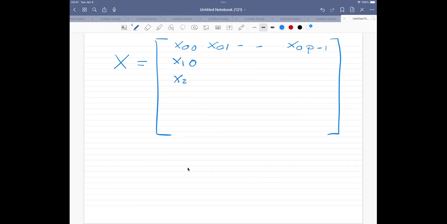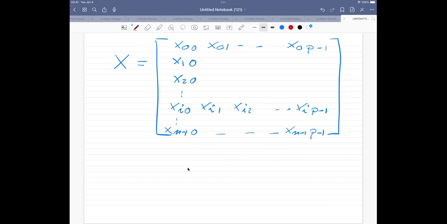And then we have x_2,0. And then in here, there is a row with x_i0, x_i1, x_i2, all the way up to x_i,p-1. And this continues all the way down to x_n-1,0, and then I have x_n-1,p-1.